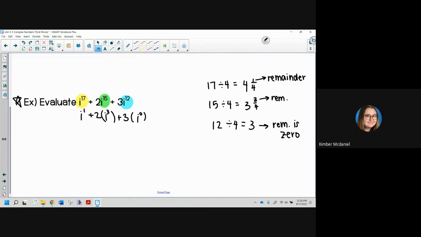Now from here, it's evaluating what each of these things are equivalent to. So for that first one, we have i to the first power. Anything raised to a power of 1 is simply itself. So we're going to have i. i cubed, we said, was negative i, so we're going to replace that with negative i.